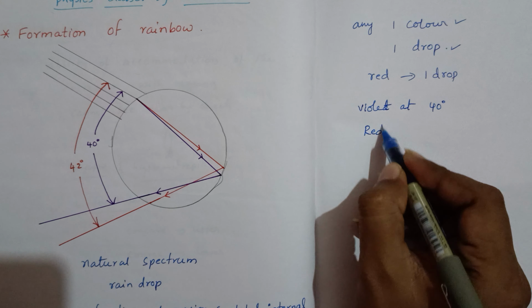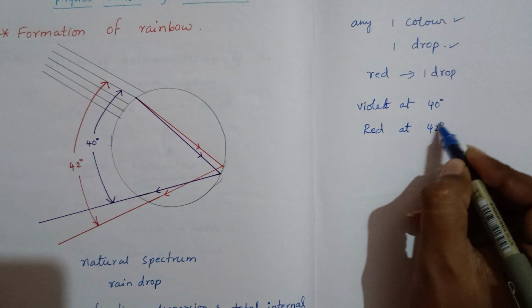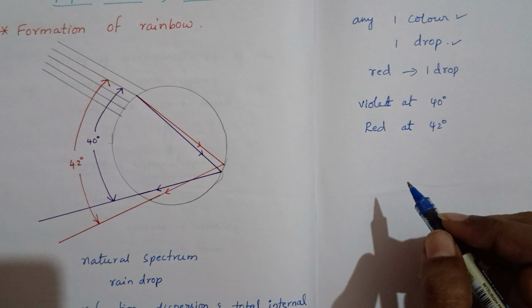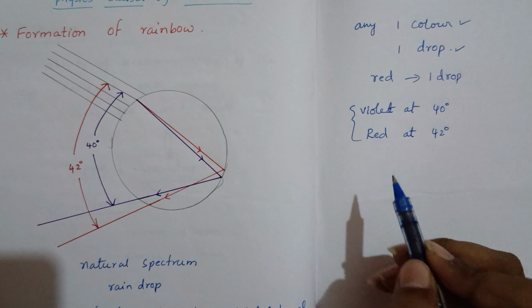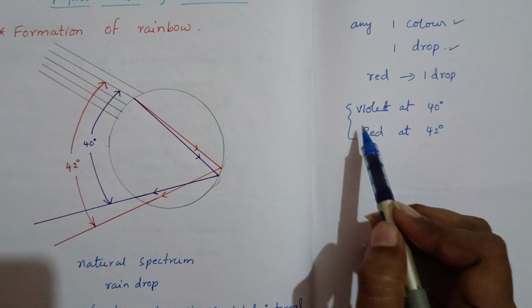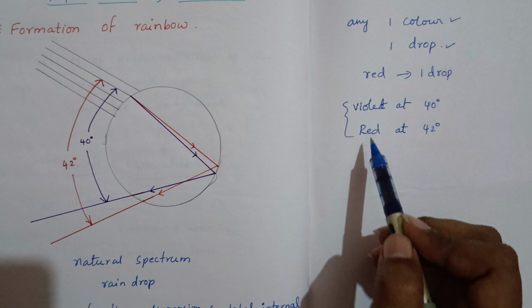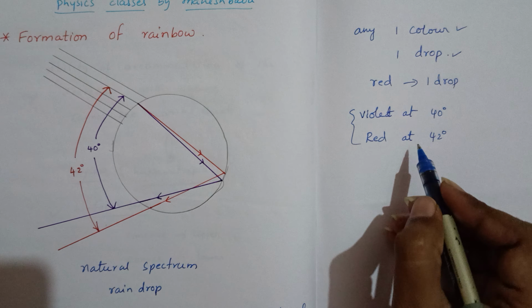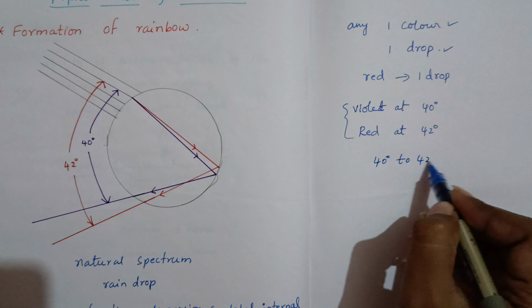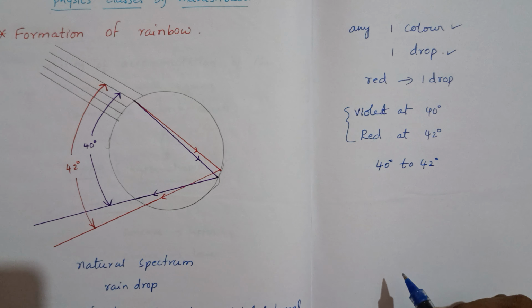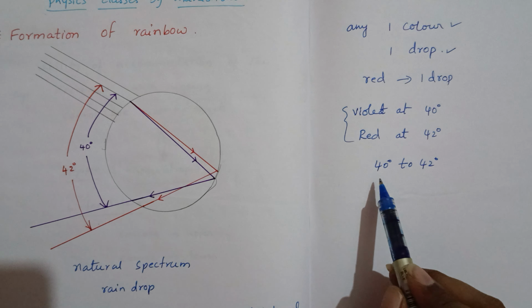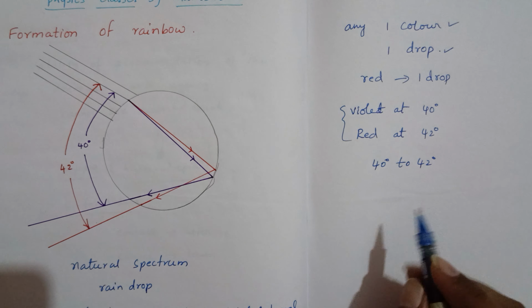In VIBGYOR, between violet and red the remaining 5 colors are there. So all 7 colors we can see from 40 degrees to 42 degrees.